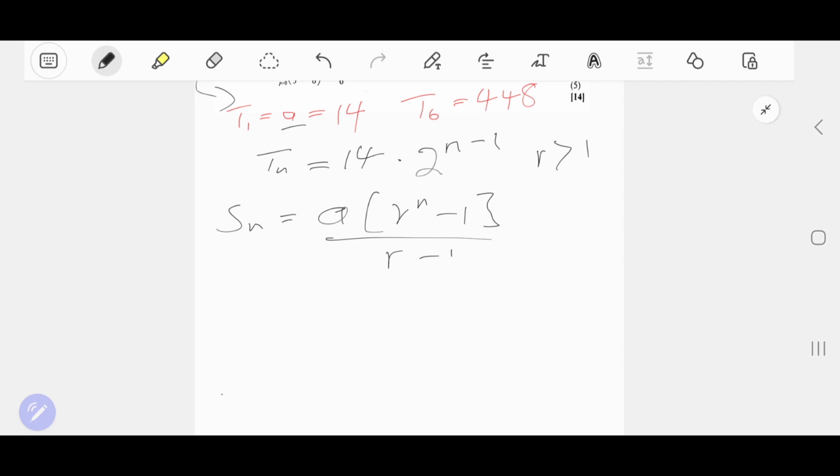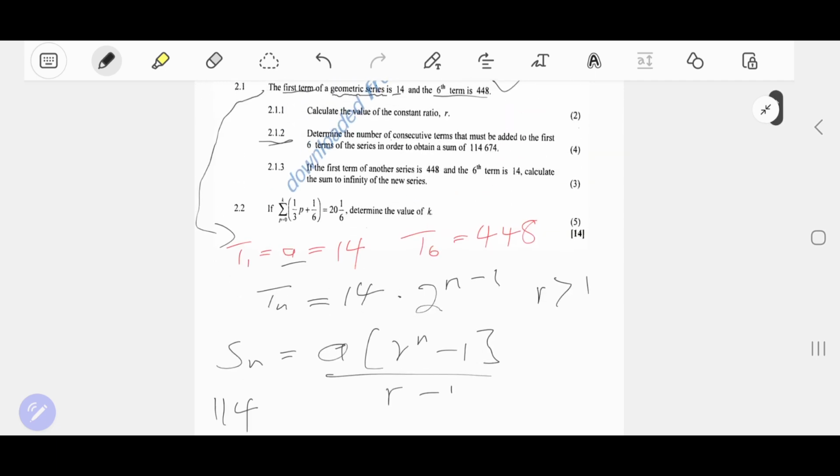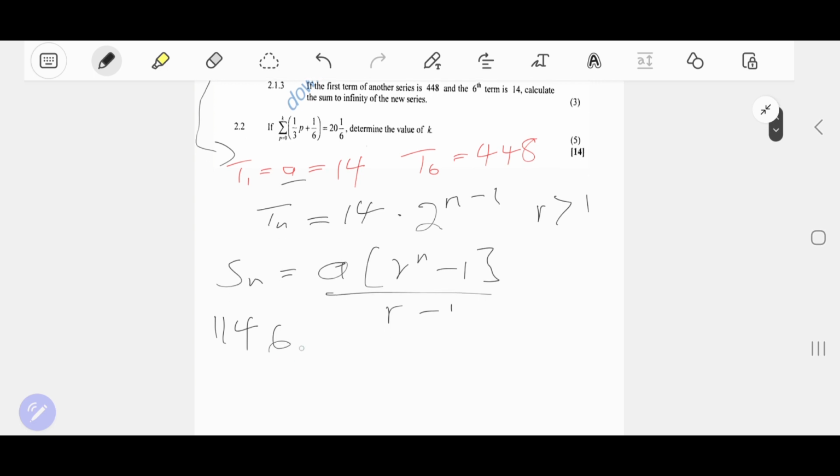We don't know the S. We know the Sn we are given. The Sn must be 114,674. The value of A we know is 14. The value of R we know is 2, and the formula is 2 to the power of n, minus 1, divided by 2 minus 1.